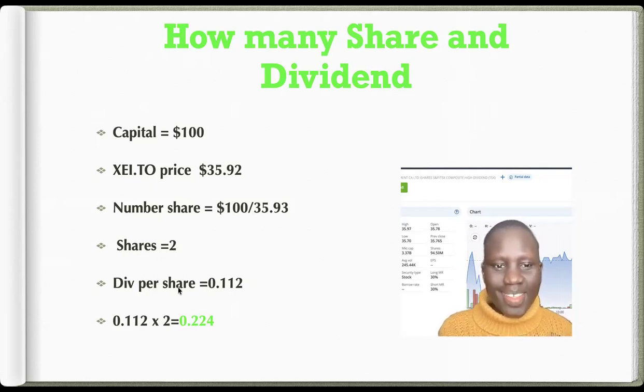The dividend per share is 0.112, which is like 11 cents per share per month. One share per month gets 11 cents and some change, right? So 11 cents times 2 shares, you will be getting 22 cents for those 2 shares.